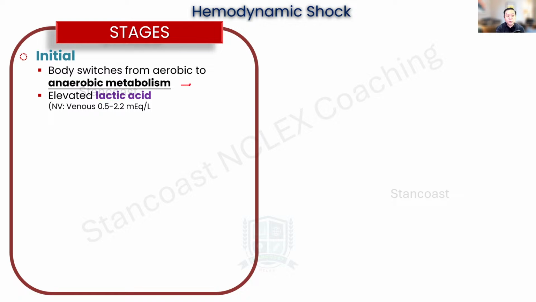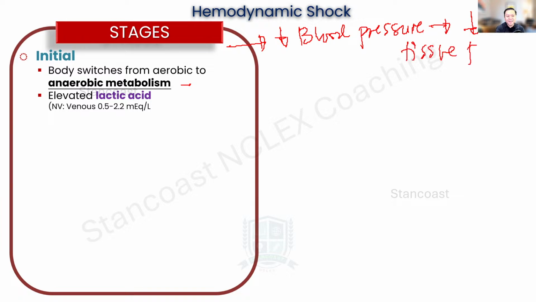The body will switch from aerobic to anaerobic metabolism. And the reason? Because of what? Decreased blood pressure. If there is a decrease in the blood pressure, what do you expect in the perfusion? There is also decreased tissue perfusion. And that simply means that the body cells will be deprived of the oxygen and the nutrients.